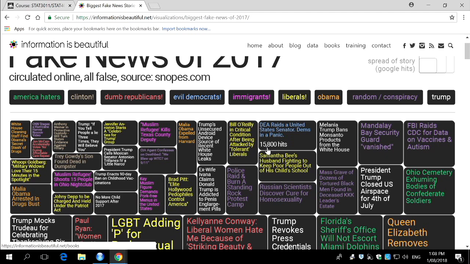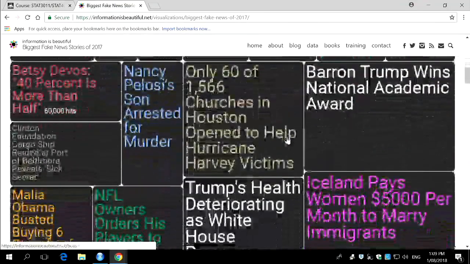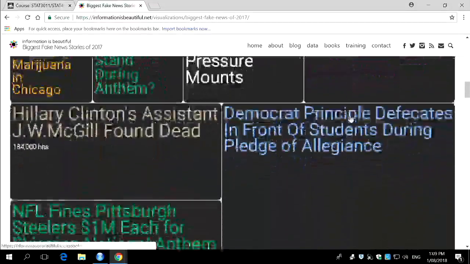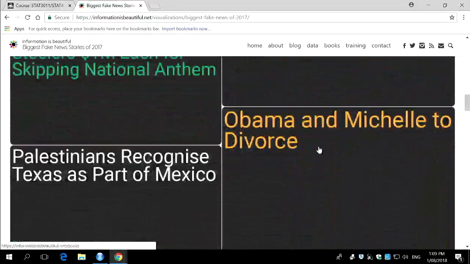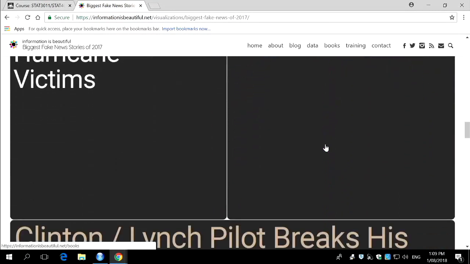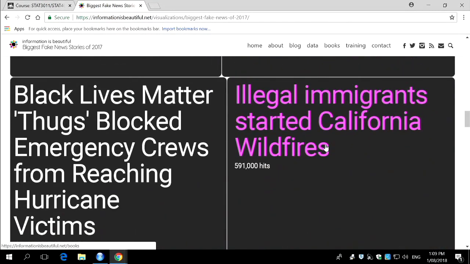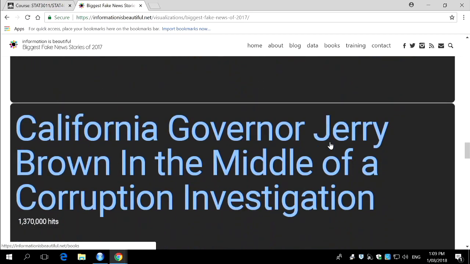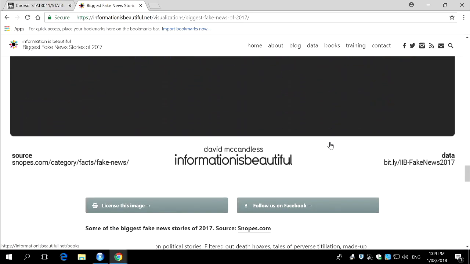So it tells you here's a piece of news, it's had 15,800 hits. I'm guessing that the size of the box is the number of hits, and you can see they get bigger and bigger. Barron Trump wins National Academic Award, Obama and Michelle to divorce, and so on. The immigrants started wildfires. Oh my God, it's just getting worse and worse.